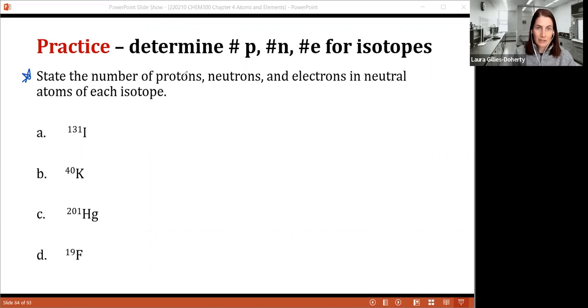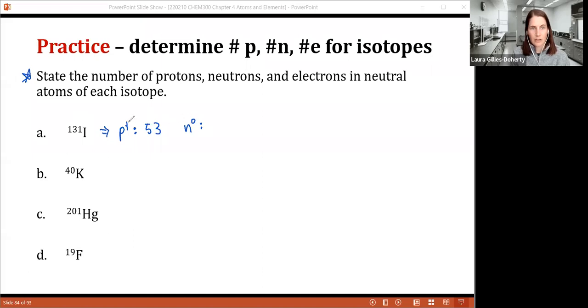Okay, so we want to determine the number of protons. So for iodine-131, the number of protons is based on the identity of the element. So iodine is atomic number 53. So it's always going to have 53 protons. Now to determine the number of neutrons, we can use the mass number. So we have iodine-131.